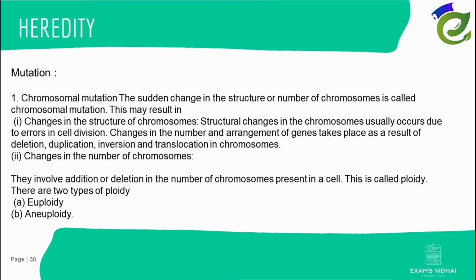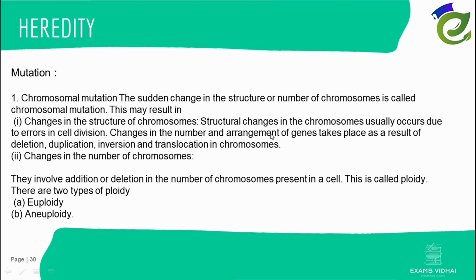Now we will discuss mutation. Chromosomal mutation. What is chromosomal mutation? It is a sudden change occurring in chromosomes. So what changes can occur? The first change is in structure. Structural changes in the chromosomes usually occur due to errors in cell division.